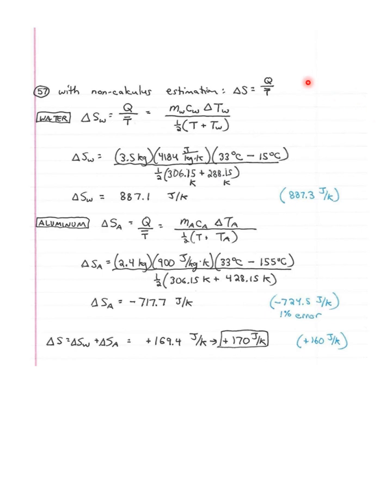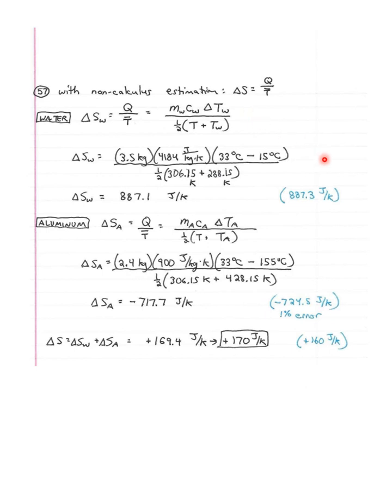So on this page, I'm going to do the non-calculus estimation where change in entropy is, instead of doing the integral, just Q over the average temperature. All right, so for the water, Q over the average temperature. Now, average temperature is going to be 1/2 of the equilibrium temperature plus the original temperature. And Q is m_W c_W times delta T_W.